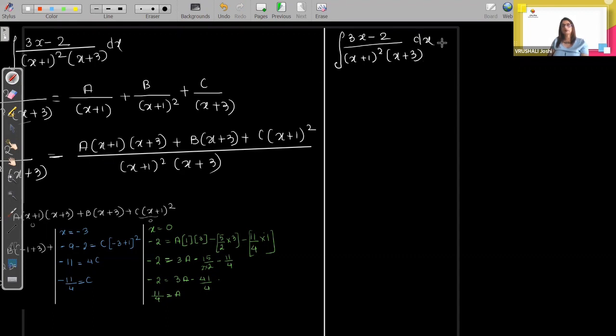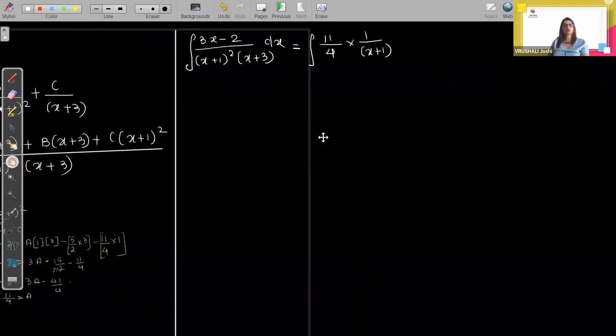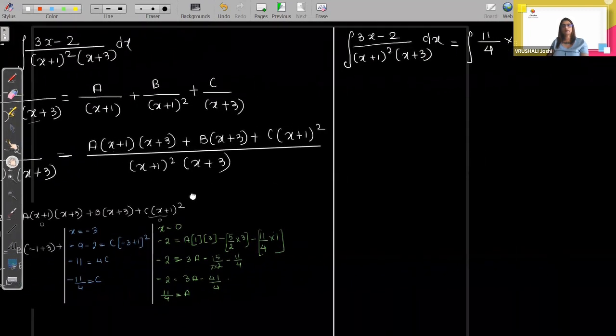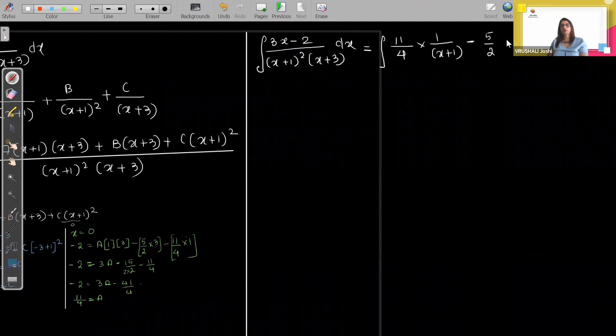This now can be written as integration of a का value is 11 by 4 into 1 by x plus 1, you will need this, into x plus 1, plus minus 5 by 2, क्योंकि b का value was minus 5 by 2, minus 5 by 2 into 1 by x plus 1 the whole square minus c value is 11 by 4 into 1 by x plus 3.